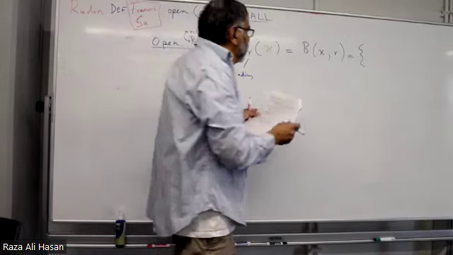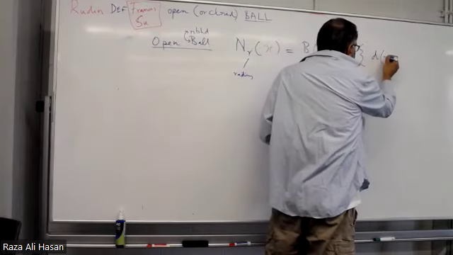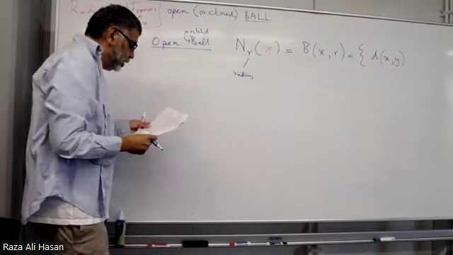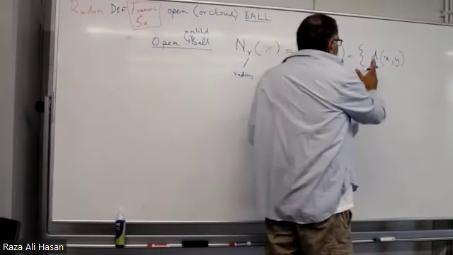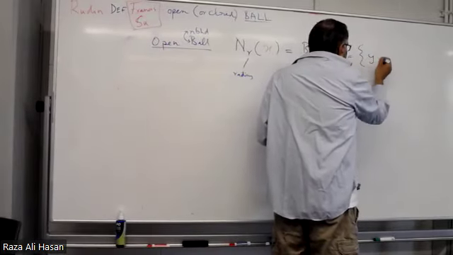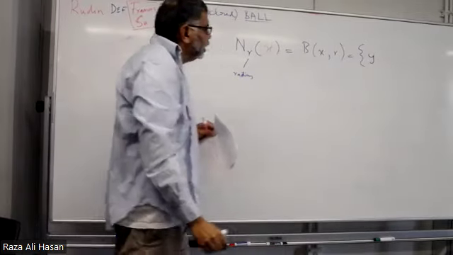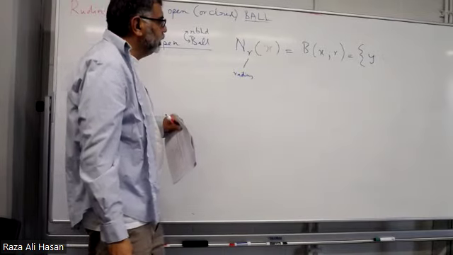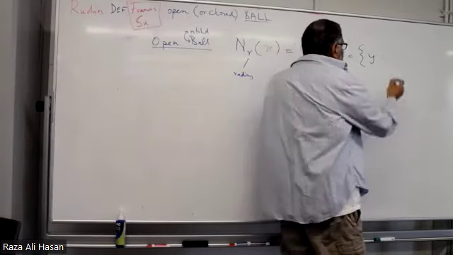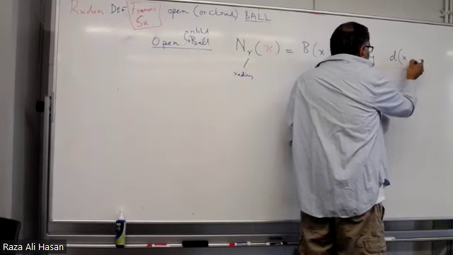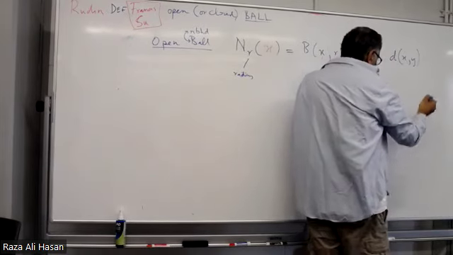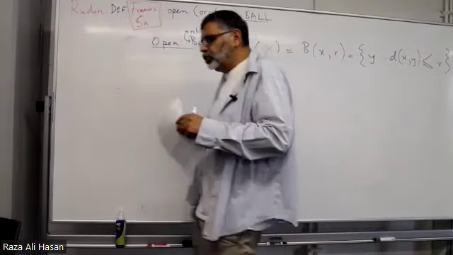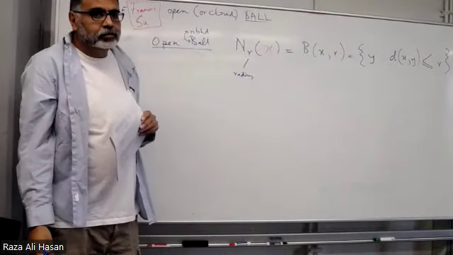And so here we can bring in a metric, the distance formula or the distance metric. So the ball is the neighborhood or a circle that contains all the y's that are within or equal to the radius r.